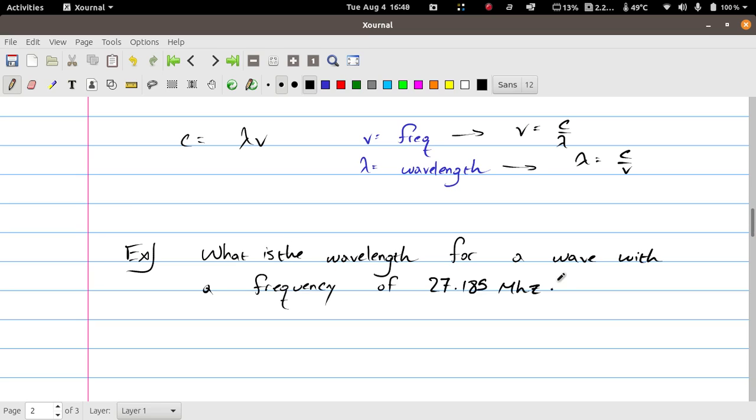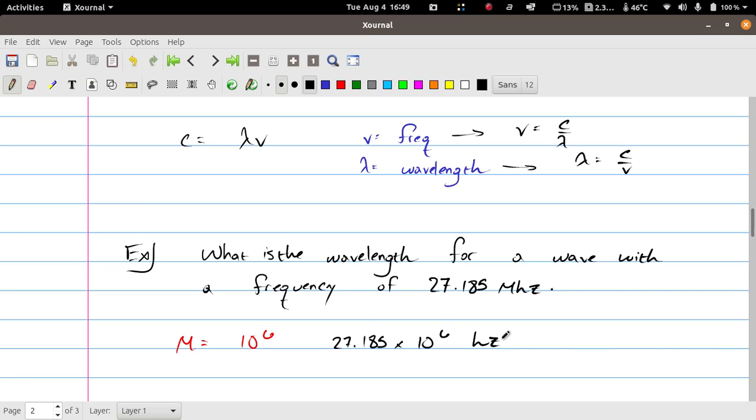So if you remember from your conversion sheet, you can use that, I don't care. M is 10 to the 6. So that means that we have 27.185 times 10 to the 6 hertz. So you can just do that to convert.